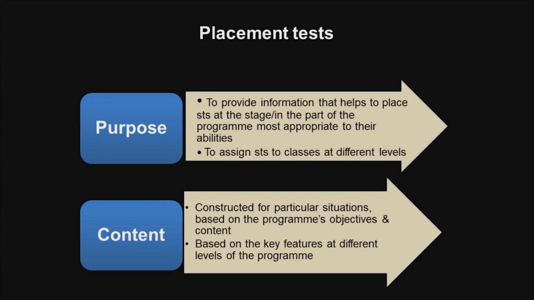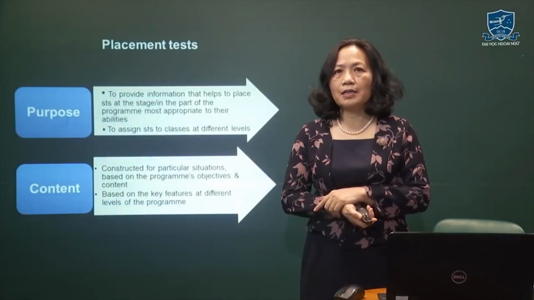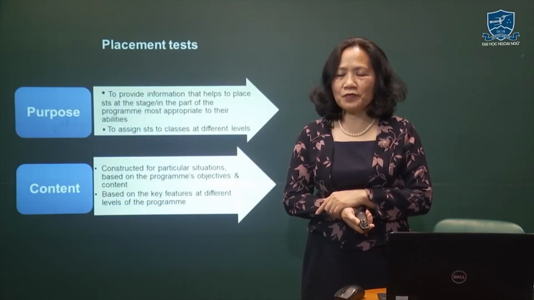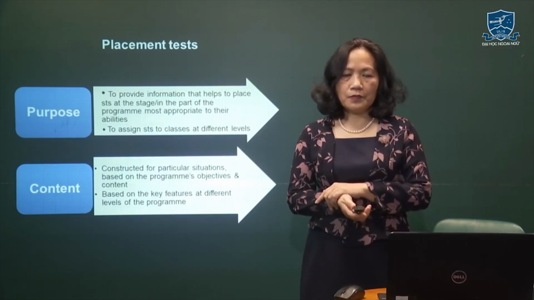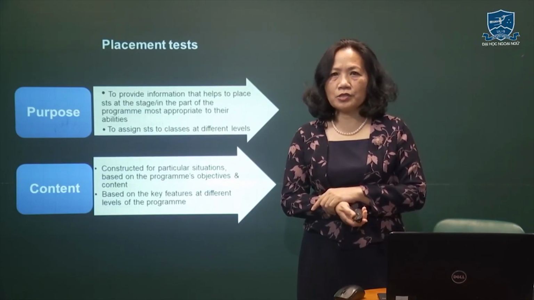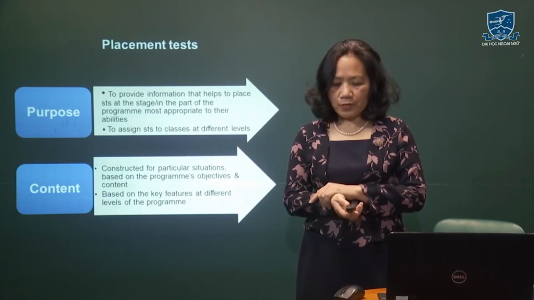And also, the content of this test is based on the key features of different levels of the program. Like A1 should have these features of proficiency, and A2 should have these features of proficiency. So we use these features as a basis for developing or constructing the test.